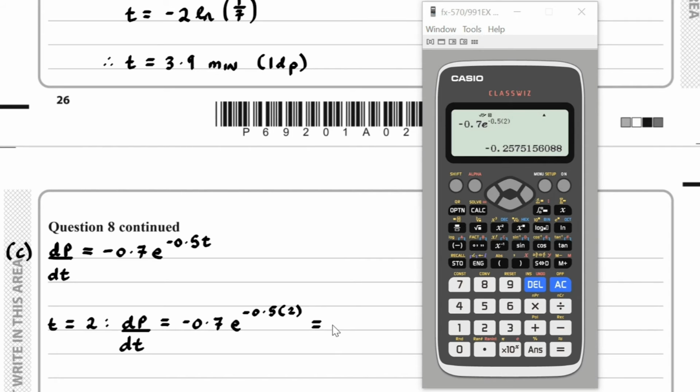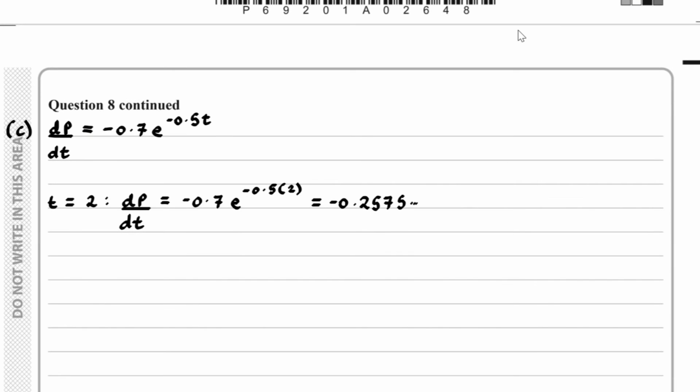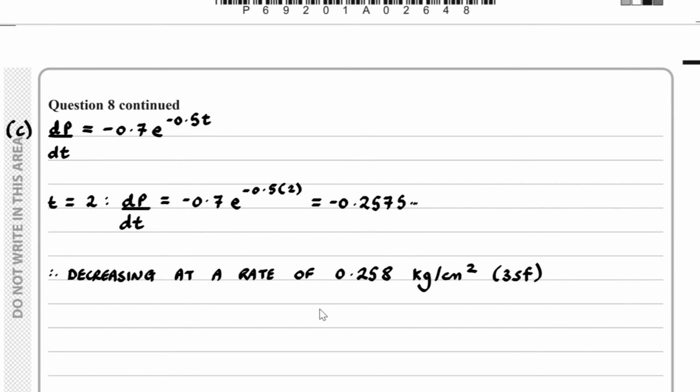We get negative 0.2575, etc. And we can therefore conclude from this then, it's decreasing at a rate of 0.258 kilograms per centimetre squared, given to 3 significant figures.